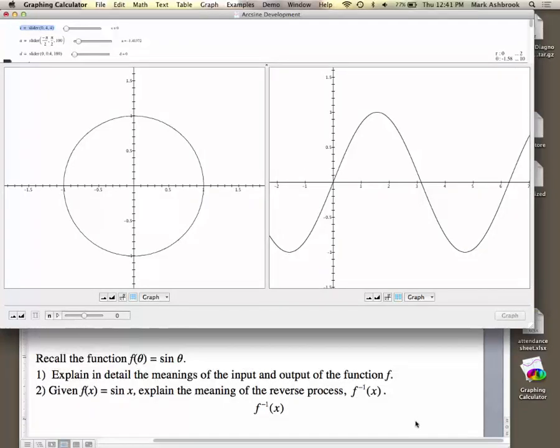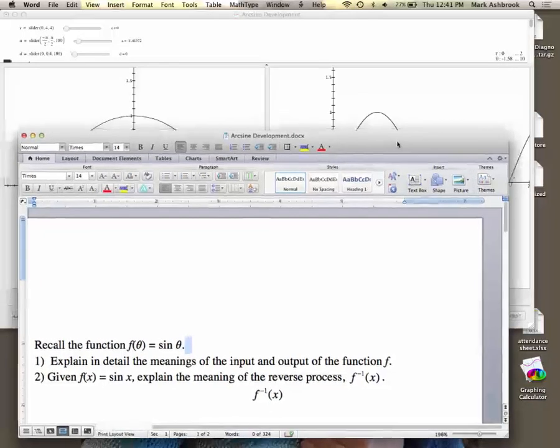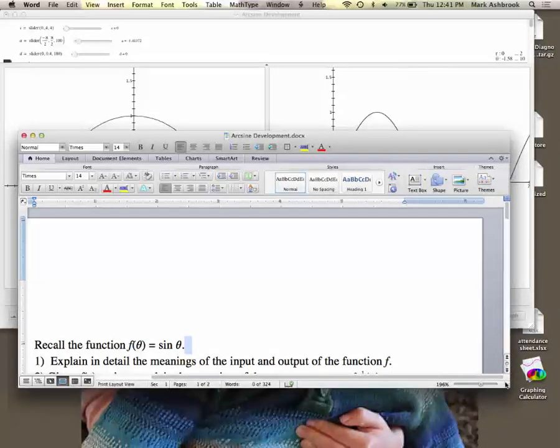Angle measure? Which angle measure? Right, swept counterclockwise from the 3 o'clock position. Okay, and then what is the output? Justin.